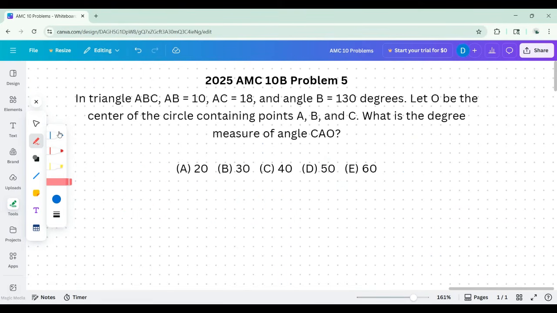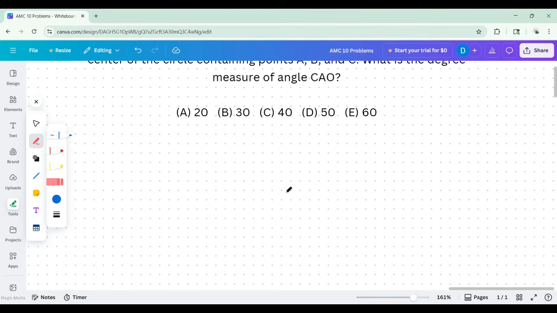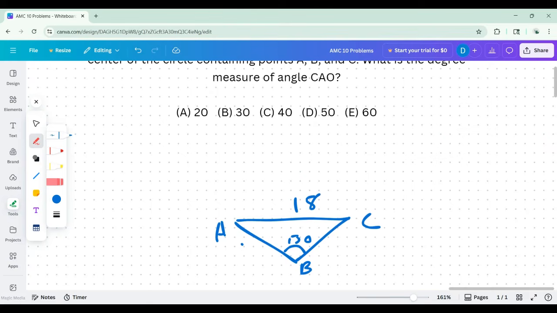So it's a geometry problem. We have to draw the figure to the best of our abilities. So we have 130 degrees. This is angle B. It's part of triangle ABC. AC is equal to 18. AB is equal to 10.